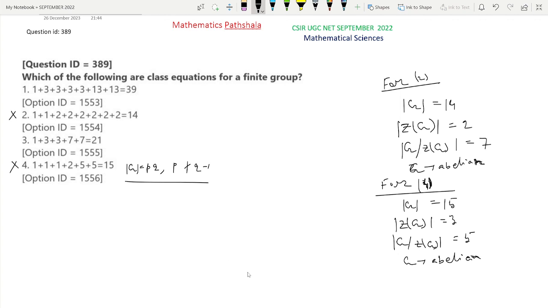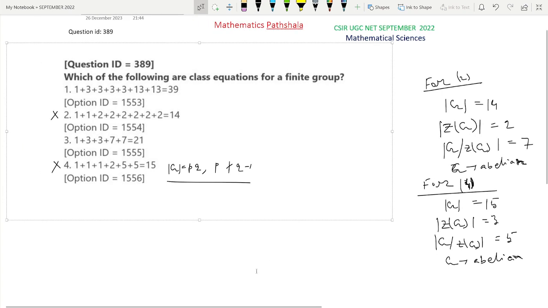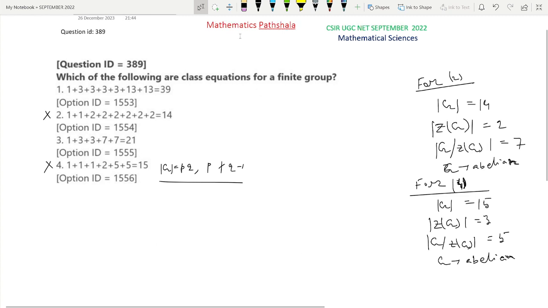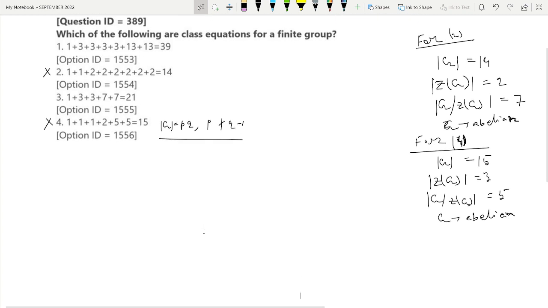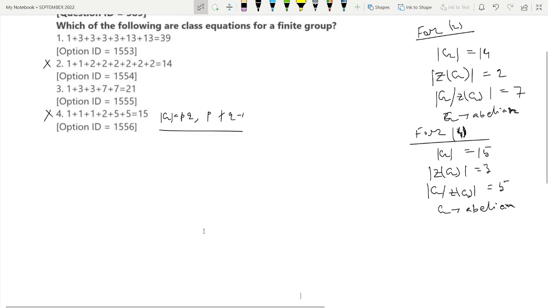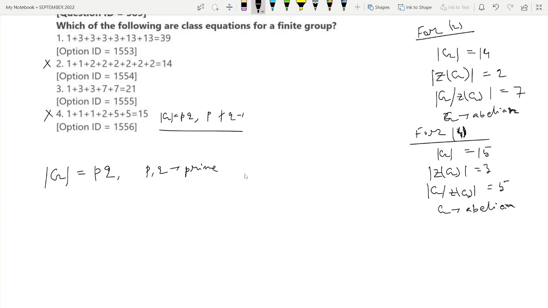Now look at option 1 and option 3. For option 1 and option 3, the groups are of order 39 and 21. So they are groups of order |G| equal to p into q, where p and q are both primes and p divides q minus 1.